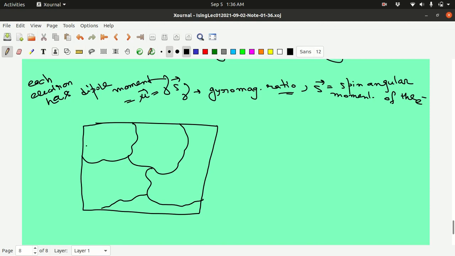This arrow I use to draw some spin. This is your one domain, and this is another domain, and this is some other domain aligned in this direction.